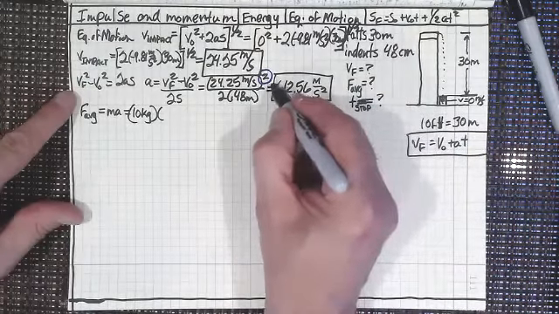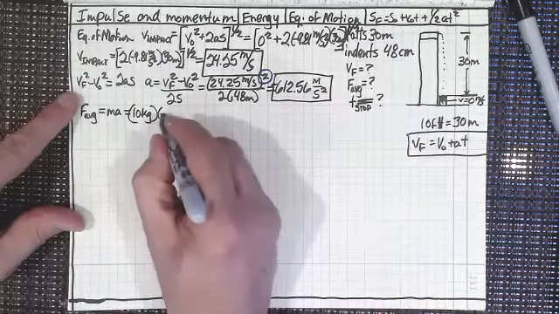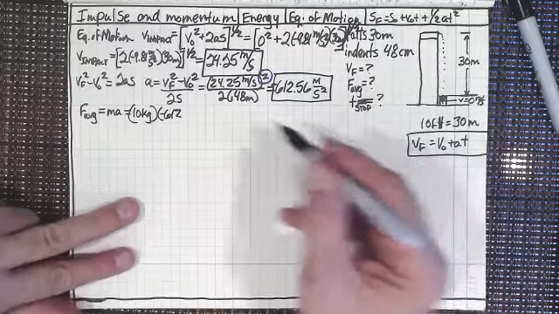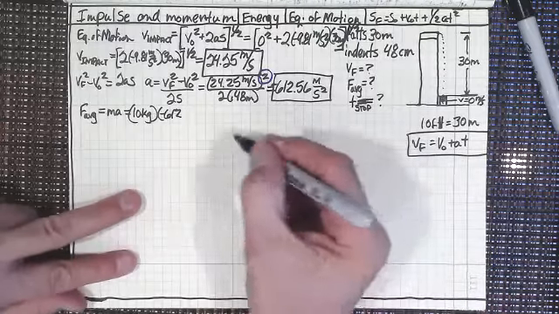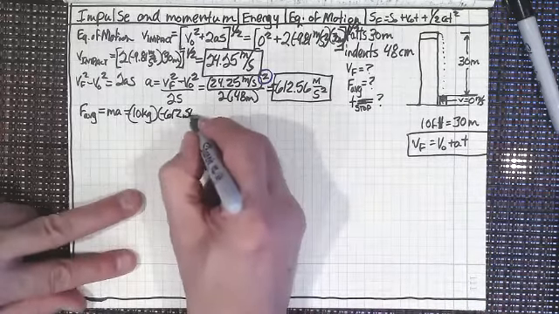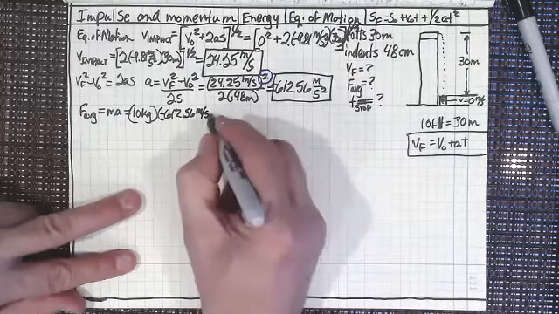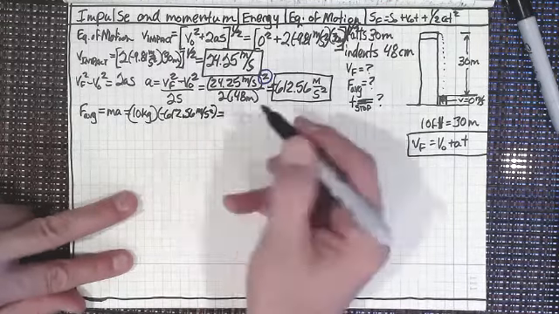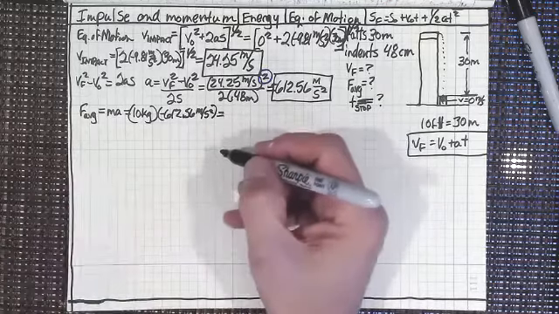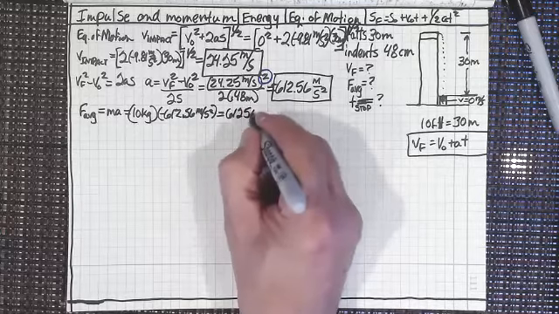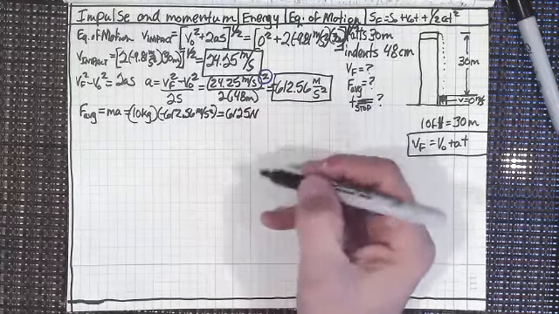We could say the deceleration is negative, but then we get a negative force. Don't worry so much about the direction of the force as the magnitude of this force, which is 6,125 newtons. That's quite a force.